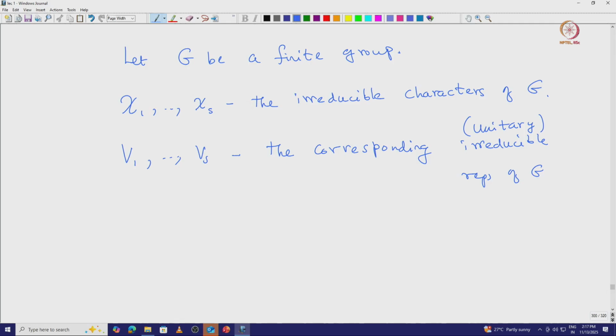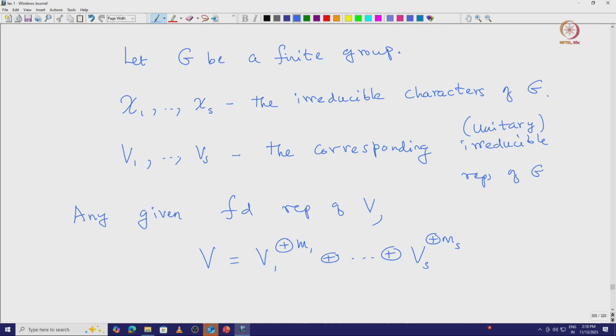So, now using complete reducibility, we notice that any given finite dimensional representation V, we can write it as a direct sum of these irreducible copies. In particular we write it as V 1 direct sum M 1 direct sum etc direct sum V s direct sum M s.